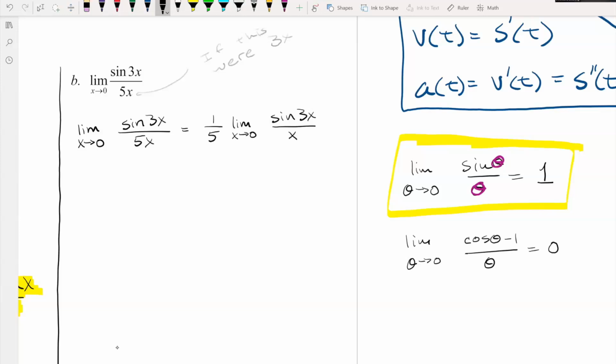Now, what do I really want to see in the bottom there? I want to see 3x. Okay, so I'm about to write something. I'm going to do it in green so it stands out. And I want you to tell me why this is allowed or why it's not allowed. Okay, so I'm going to put in green here a 3 down here and a 3 up there. Is that allowed?